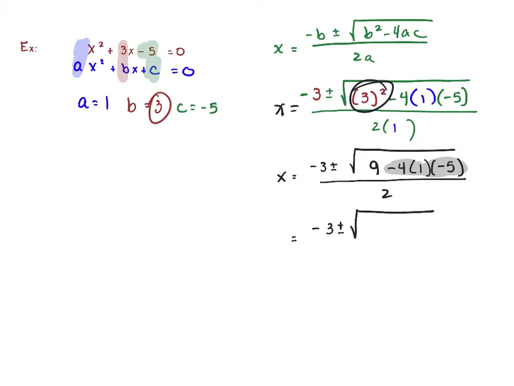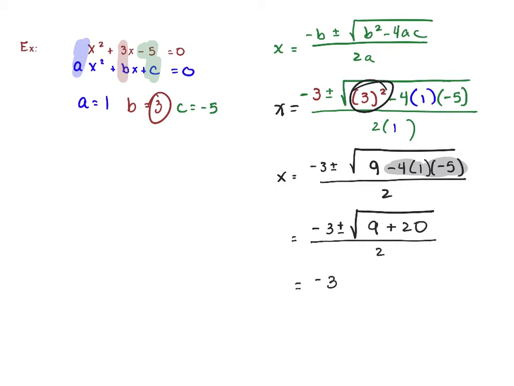So it is negative 4 times 1, which is negative 4, and then negative 4 times negative 5, so it's 20. It's going to give you a plus 20 right here. In fact, whenever you have two negatives like this all multiplied together, you always get a positive. All right, so this is going to be a 9 plus 20, all over a 2.